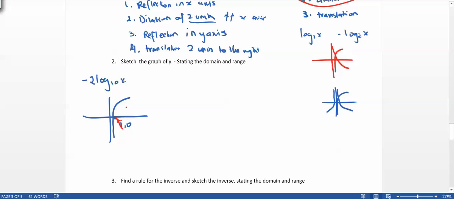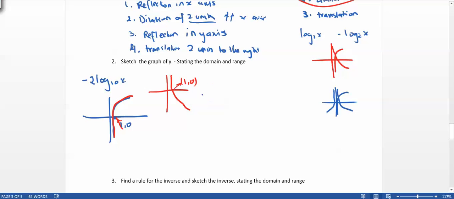So, first of all, this is our graph of log to the base 10 of x, and then if we're reflecting in the y-axis, that's going to look something like this. And that point's still 1, 0. Okay, let's look at the next one. Let's look at the reflection.